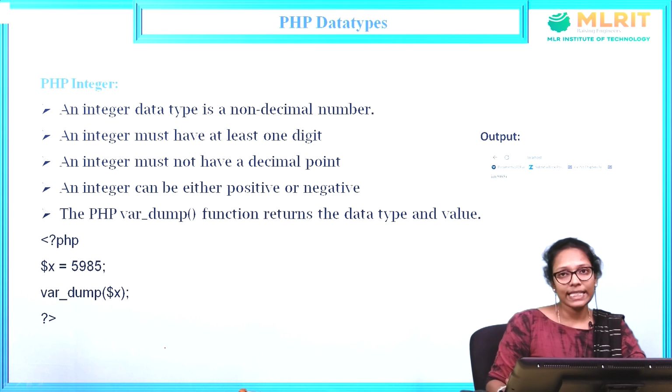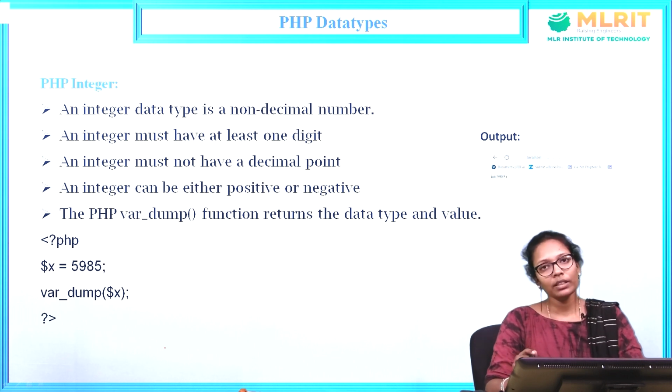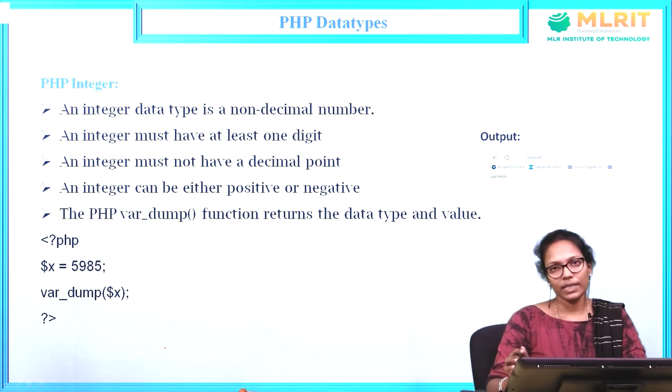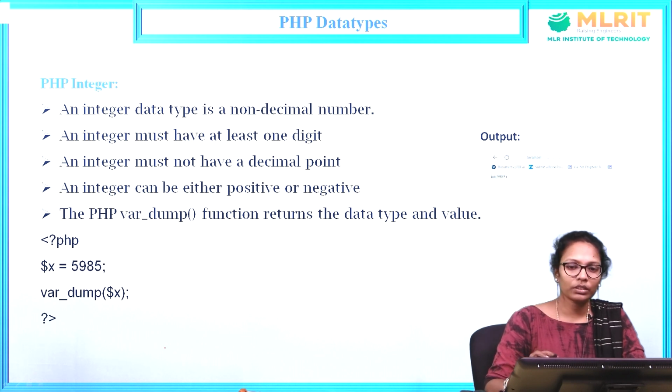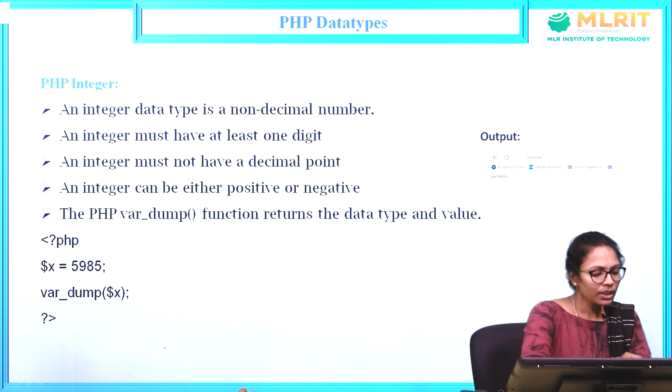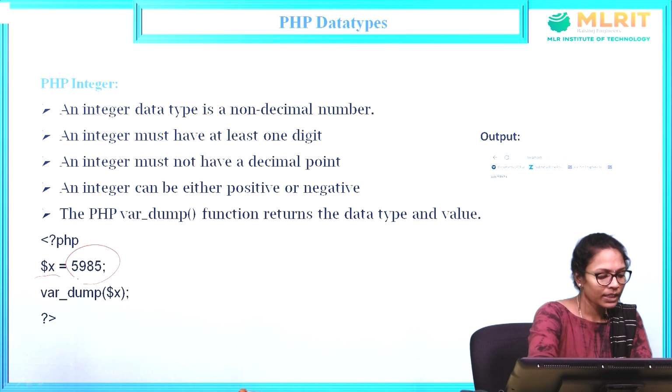And next is integer. An integer is a non-decimal value without fractions. Whatever whole numbers are there, you consider them as integers. An integer may be negative or positive. So here $x is equal to, I'm assigning one integer.